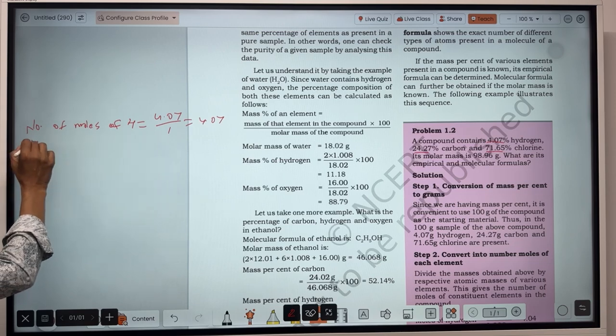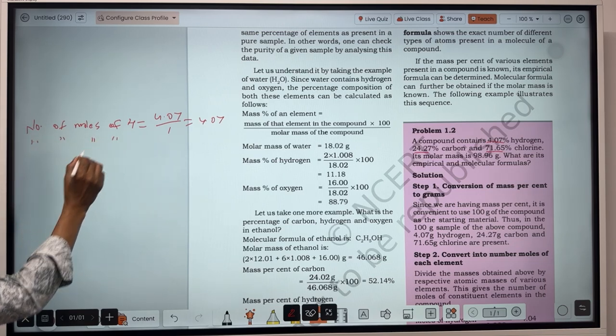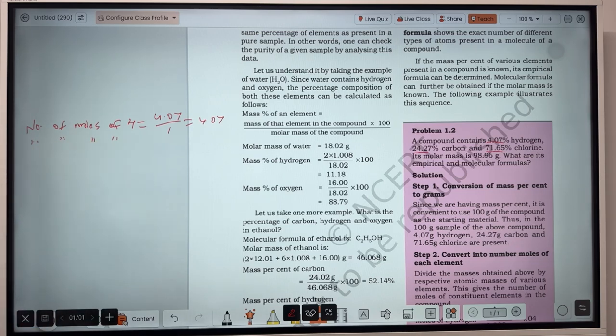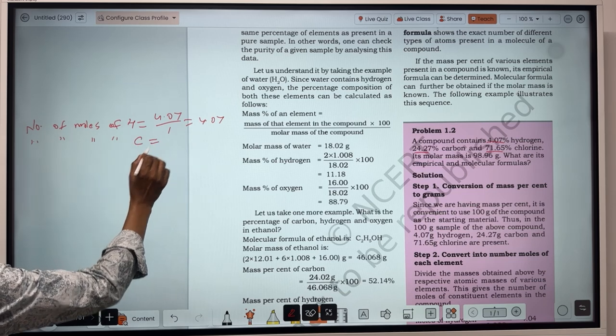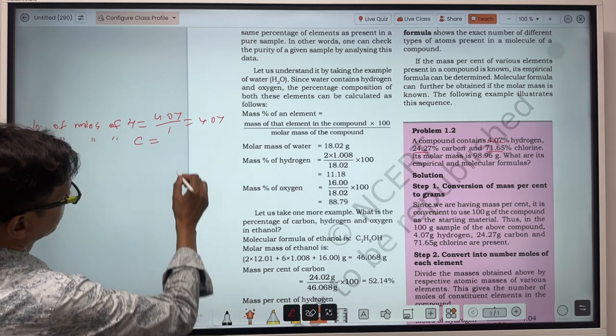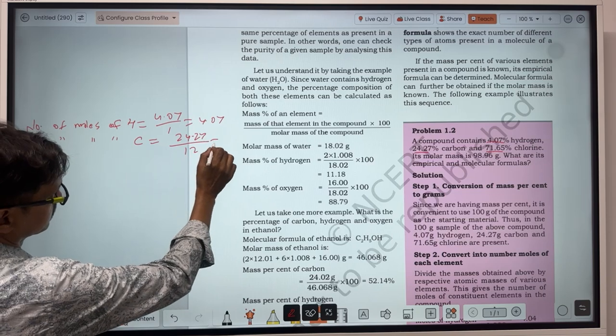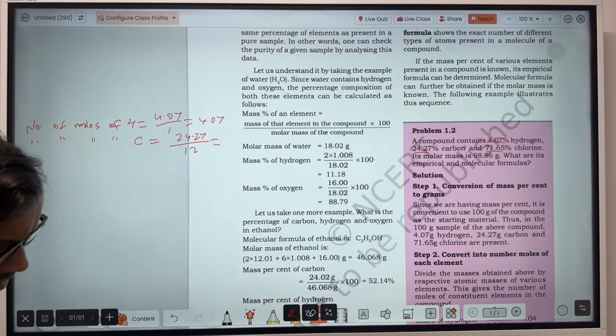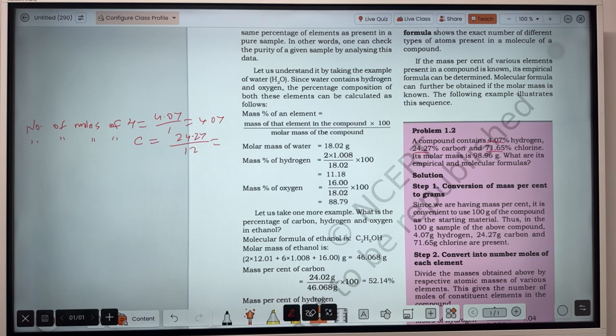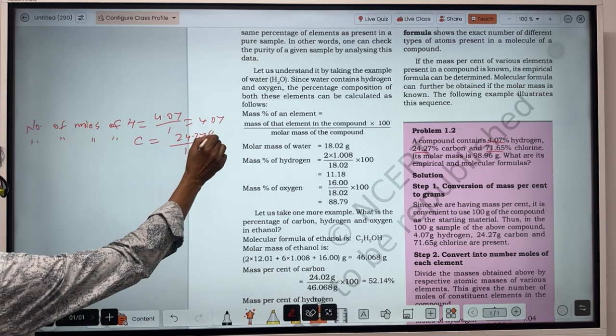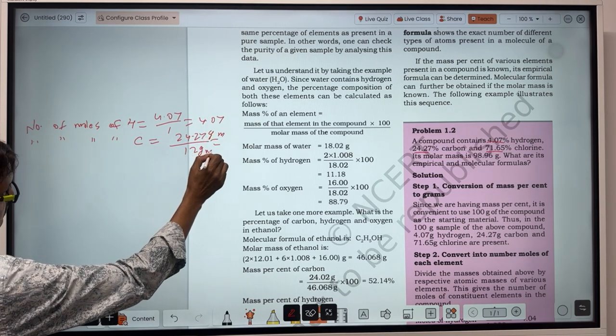Similarly, the number of moles of carbon will be 24.27 upon 12. That is in gram, and it is gram per mole.